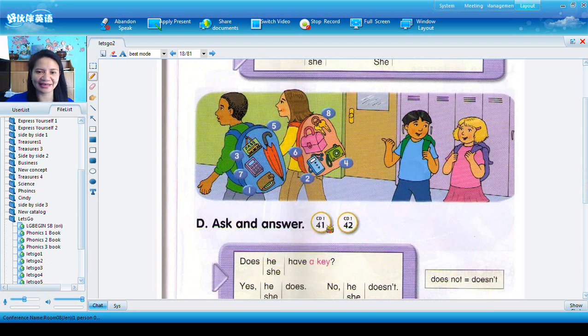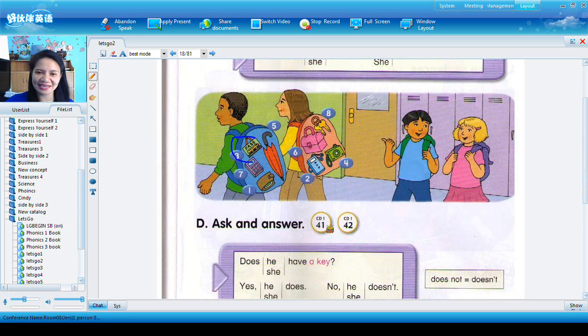Can you tell me again, what does the boy have? You'll say, he has a wallet. Very nice. And what does he have? You'll say, he has a calculator.